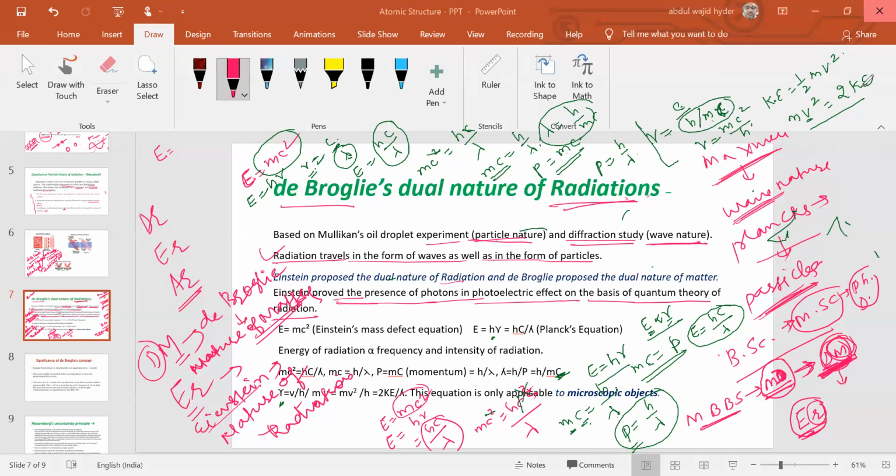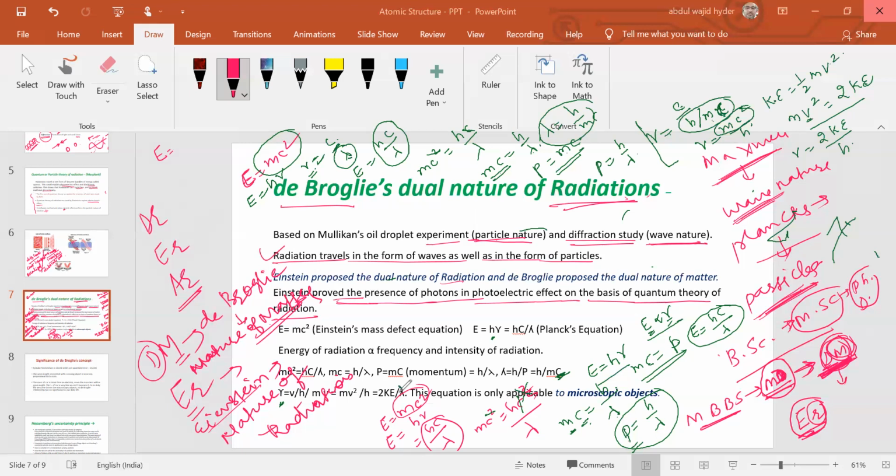Is it okay? Yes, sir. So instead of this mc square, what can you write? Twice KE. So nu is equal to twice kinetic energy upon h.